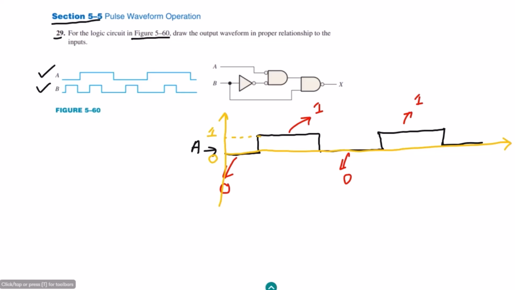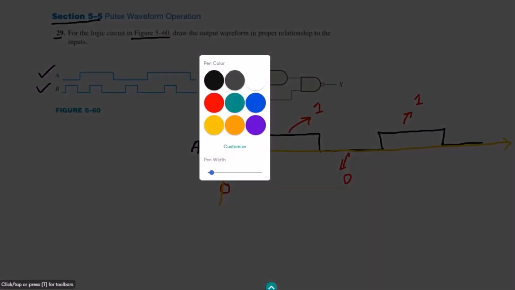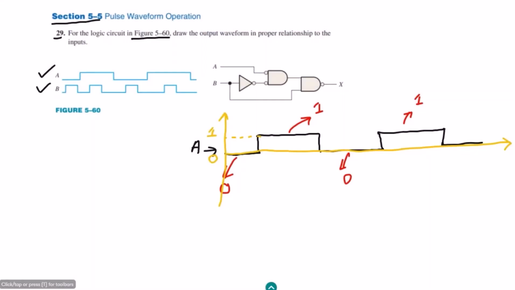Similarly, in our input B, we can see that there are the same levels, which are somehow faster than the input A, and on the basis of it we have to find the output of the circuit which we have here. So in the circuit, what is the logical expression for it? Here we can see that B is applied here, and here we have got B complement.